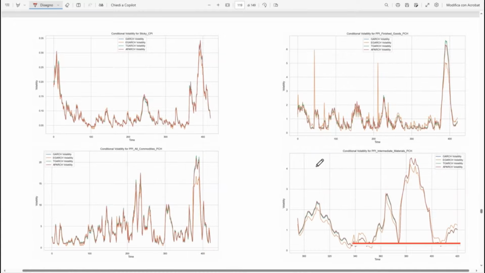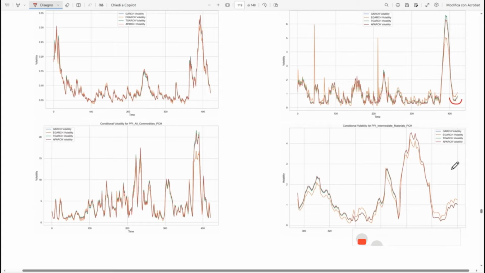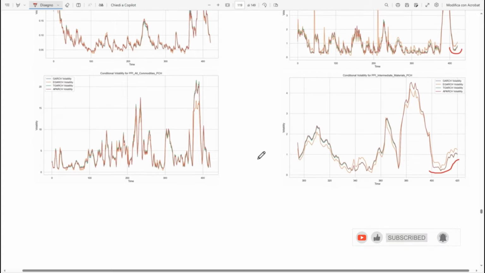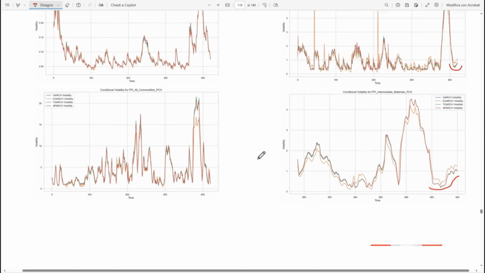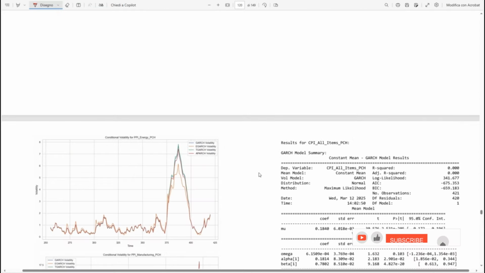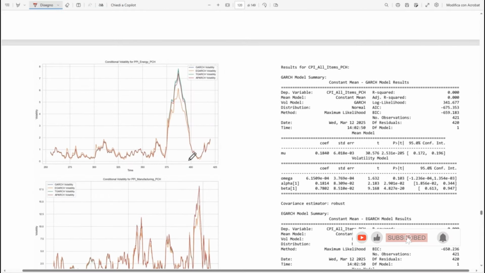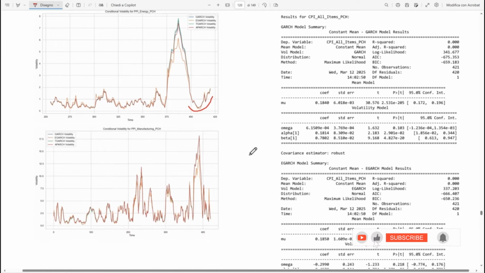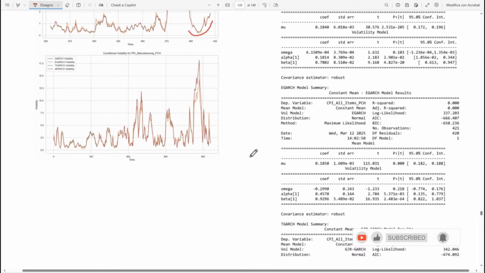Now this other variable will be very interesting. So this PPI has shown some higher vol lately, also this one, and maybe it could have been due to tariff announcements or some other factors which are not explained in the GARCH model. We can appreciate that the producer price index conditional volatility has been increasing even before tariffs have taken place in the economic environment.